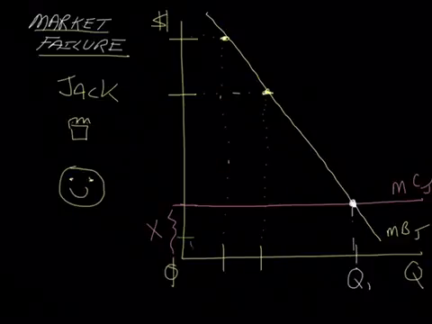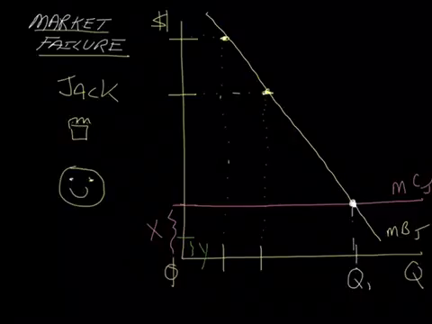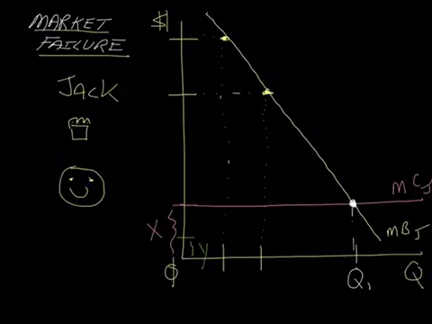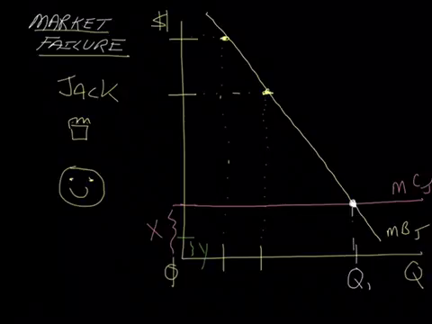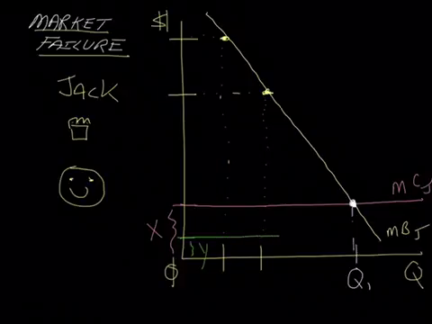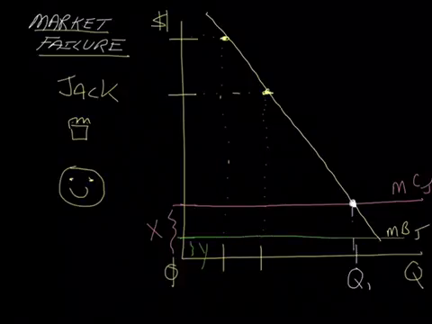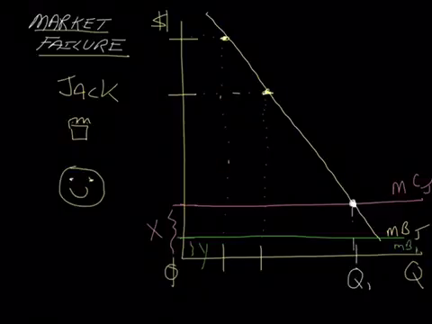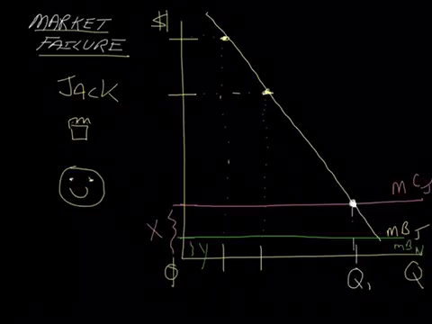And we'll call that value Y. For simplicity, once again, we'll assume that the benefit the neighbors receive from the first batch equals the benefit they receive from the third batch, from the fifth batch, and so on, such that we can reflect that in a horizontal line and label that the marginal benefits received by the neighbors.